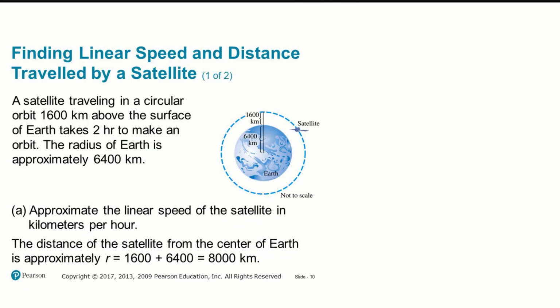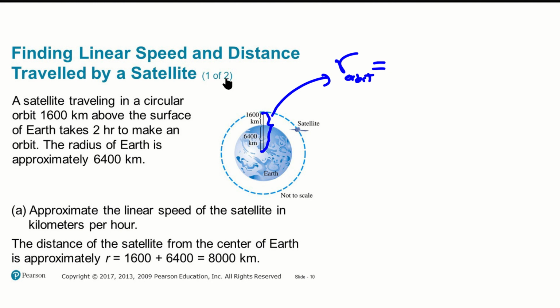Okay, welcome back. So the first thing that we need to do is we need to make sure we know what this orbital radius is. So the radius of the orbit is going to be basically this 6,400 plus that 1,600.